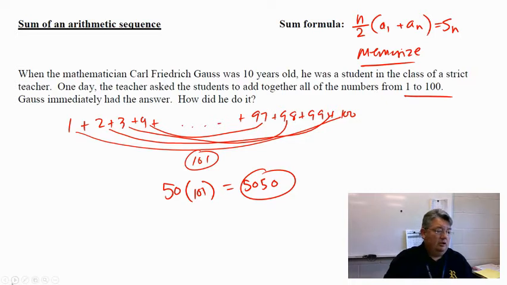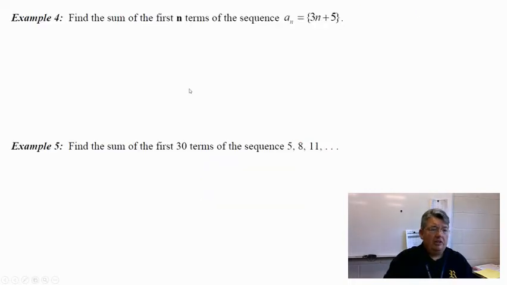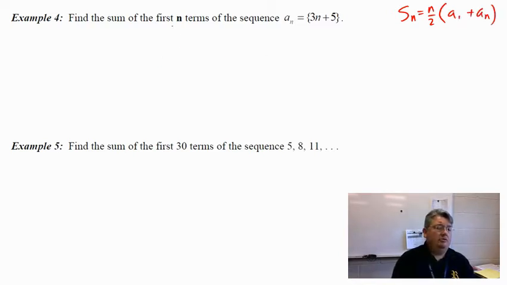Okay, moving on. Find the sum of the first n terms, and I'm going to use that summation formula. S sub n equals n over 2 times a sub 1 plus a sub n. I don't know what n is, so I guess I have to go n over 2 times the first term.